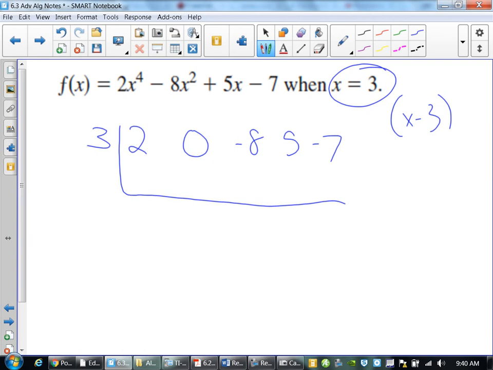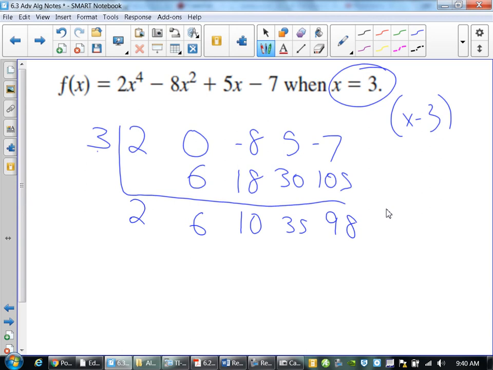Drop it. So you add 2 here. What's 3 times 2? 6. 3 times 6, 18, 30, 35, 105, and then you get 98.